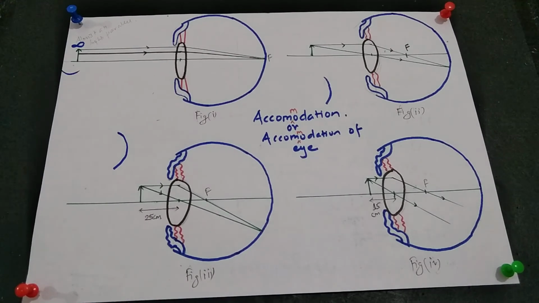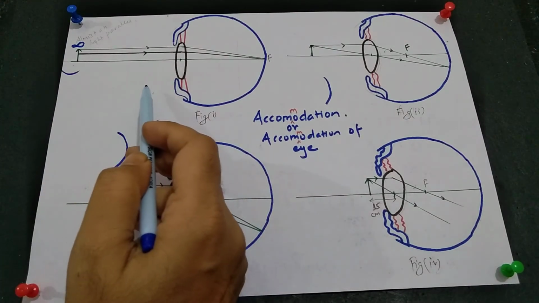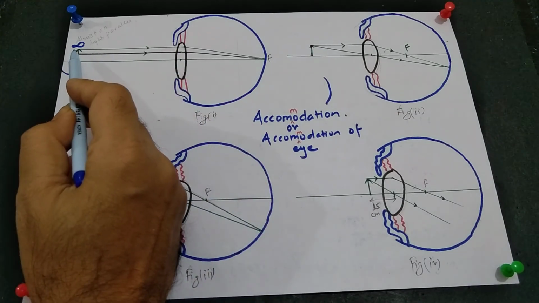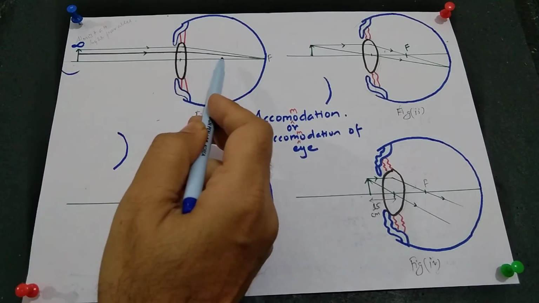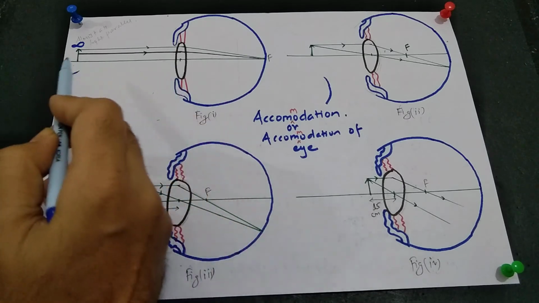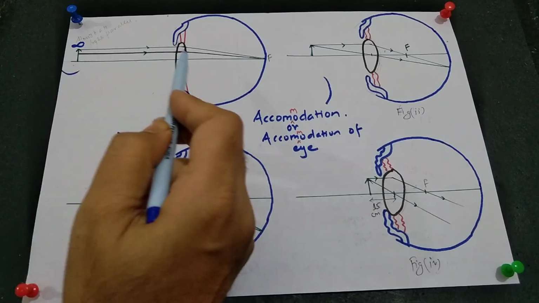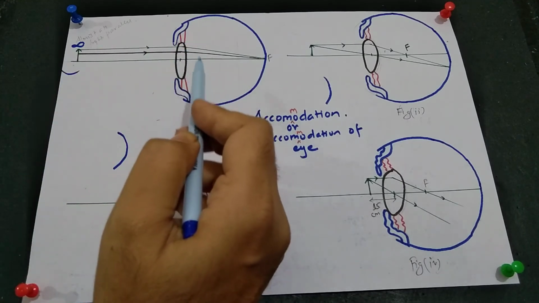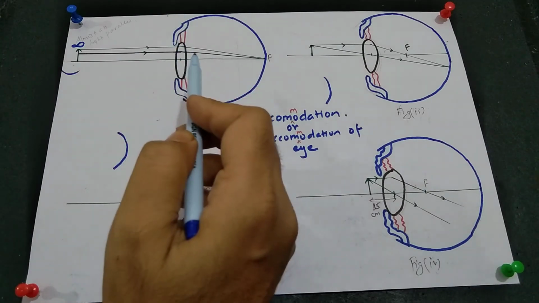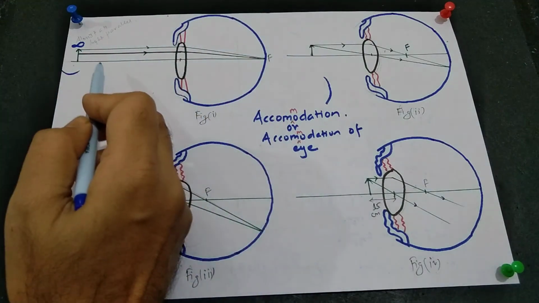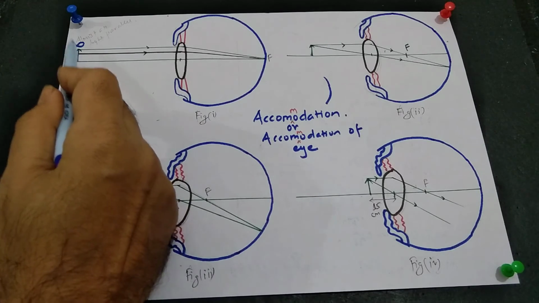Now let's define far point from this figure. The farthest point from the eye at which an object can be seen clearly by the eye is called the far point of the eye. So what is the far point of the eye? The far point of the eye is at infinity. See, this is infinity.